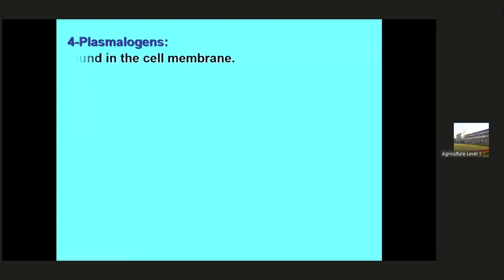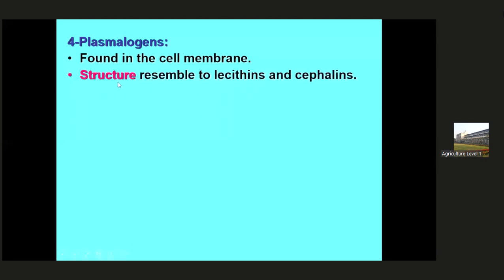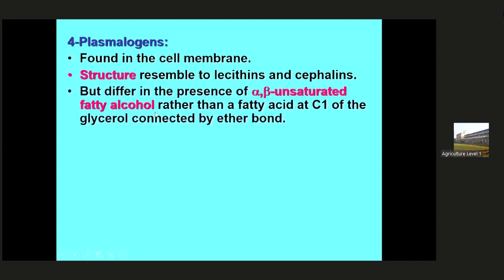Then plasmalogens. Plasmalogens are found in the cell membrane. Yes, obviously, because phospholipid is a very important constituent of the cell membrane. So plasmalogen is a member of glycerophospholipid, so obviously it will be found in the cell membrane. The structure closely resembles lecithin and cephalin. Lecithin and cephalin have a similar structure, but different where?